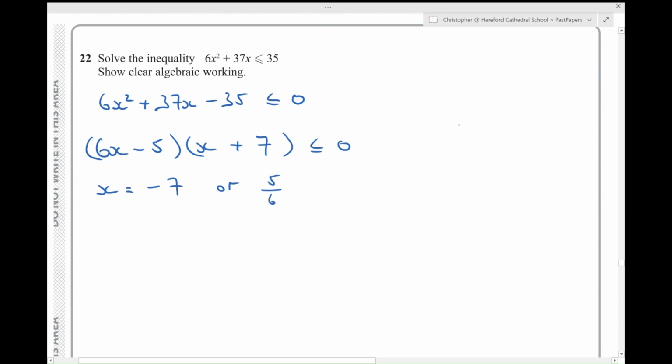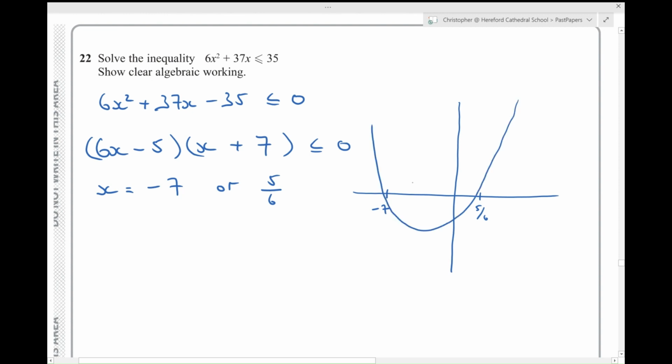Right, let's have a think about this function then. The function is going to cross the axes at x is minus 7 or x is 5/6, and it's got a positive x squared, so it's going to look like this. So when is that function going to be less than or equal to 0?